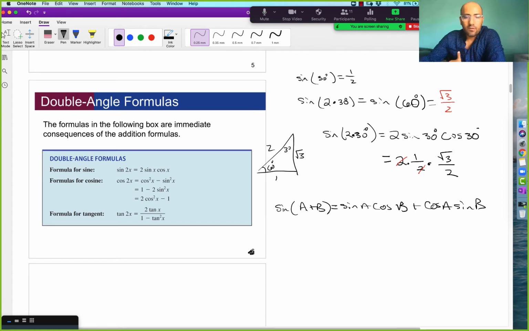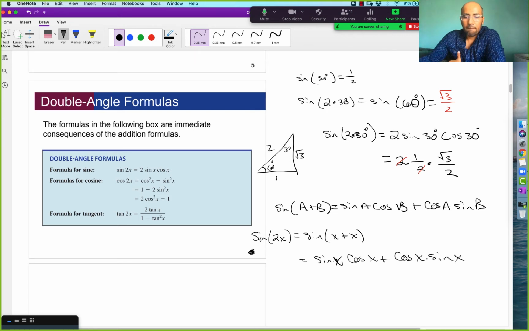So for us, sine of 2x is equal to sine of x plus x. If I apply this formula, I end up with sine of x cosine of x plus cosine of x sine of x.